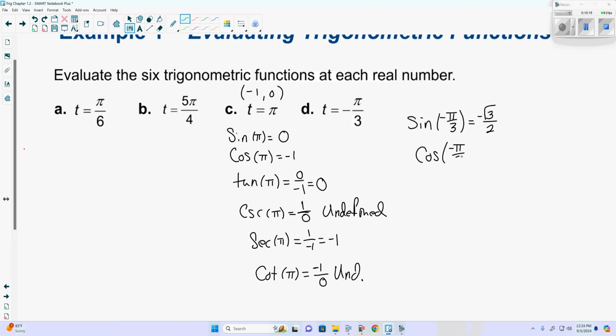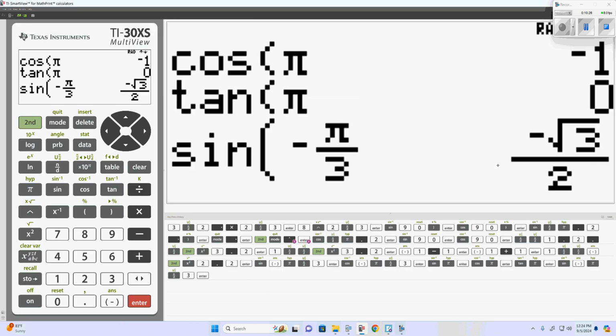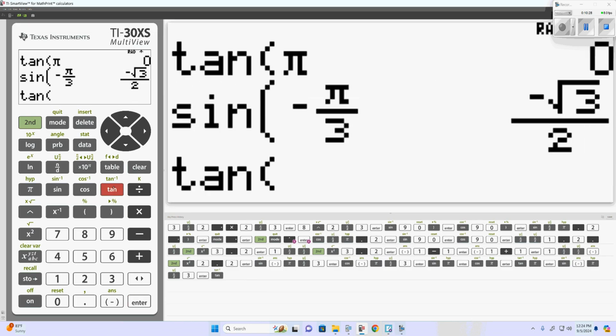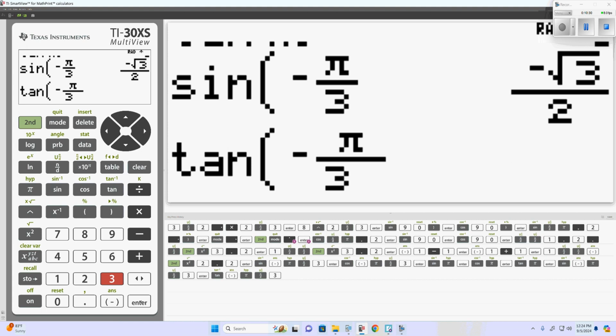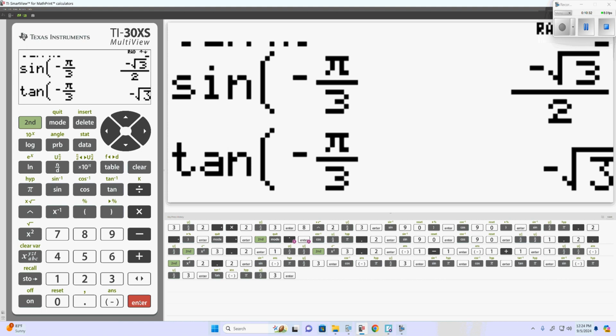Cosine of negative pi over 3 is 1/2. Tangent of negative pi over 3 is negative square root of 3.